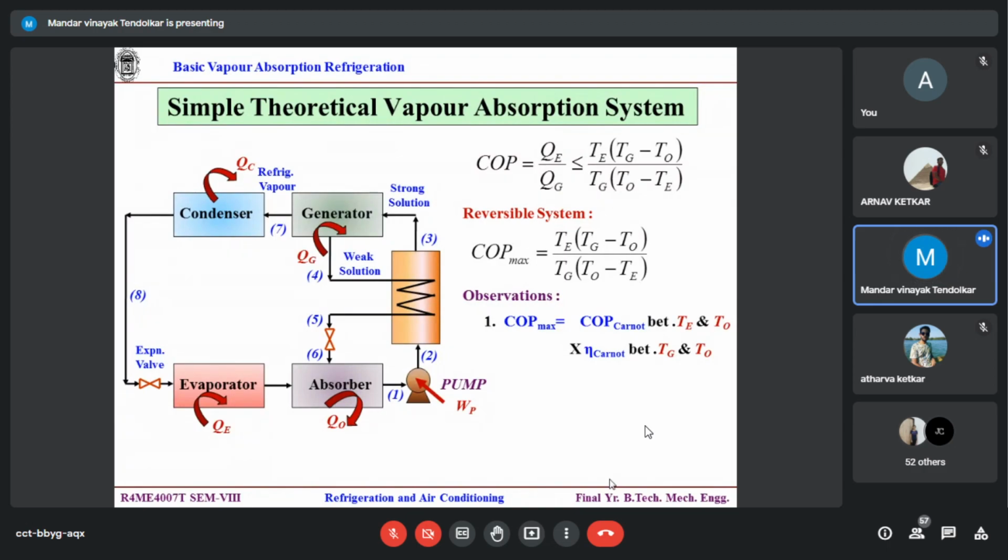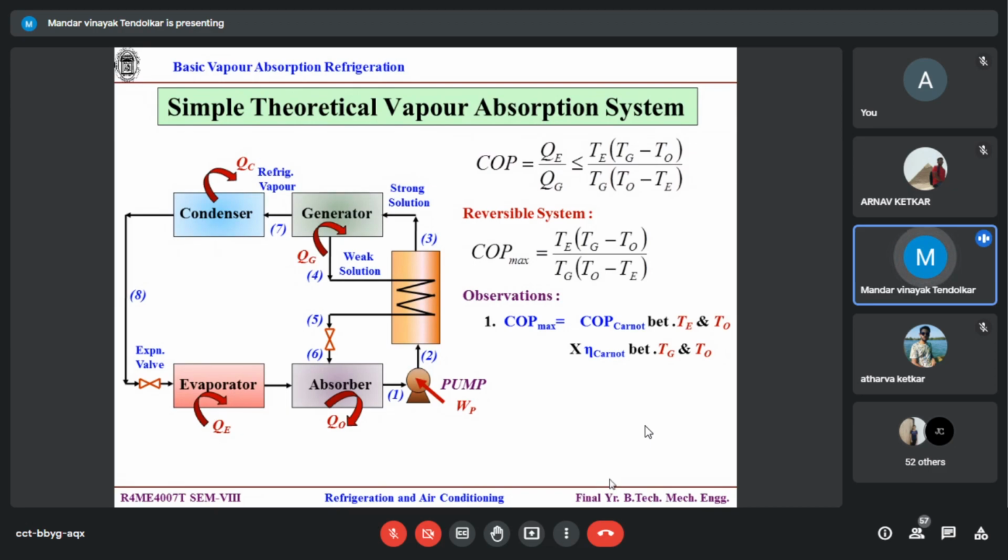Environmental temperature, generator temperature, evaporator temperature, pump work anyways neglected. The moment you get these three temperatures, Te, T naught and Tg, evaporator, generator and environment, you can calculate the COP, and that is the maximum one, theoretical.